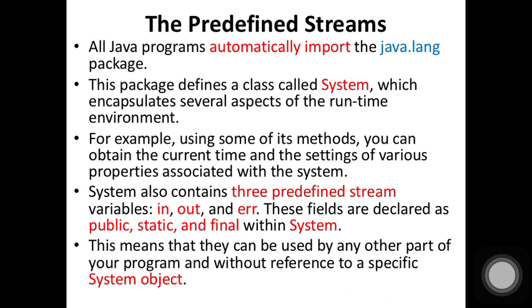So inside the System class, in, out, and err are the three predefined streams: in for input stream, out for output stream, and err for error stream. The three are defined inside System and we can easily access them without an instance of the System class.